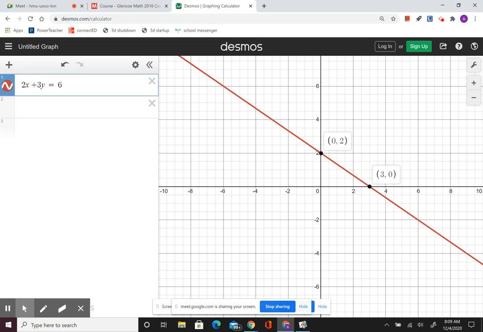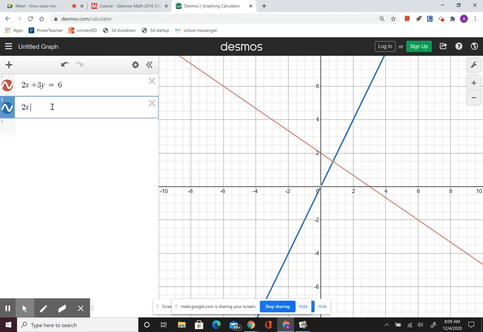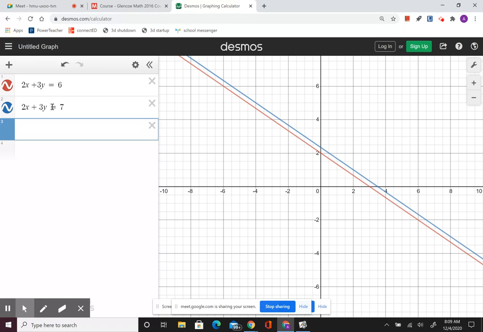Where we used it was the last section, section 7, where it says solving systems of equations by graphing, and they give you 2 equations. And they want you to solve the system of equations. Well, in this case, you can see that those 2 equations are parallel lines. So there is no solution to them. Okay.